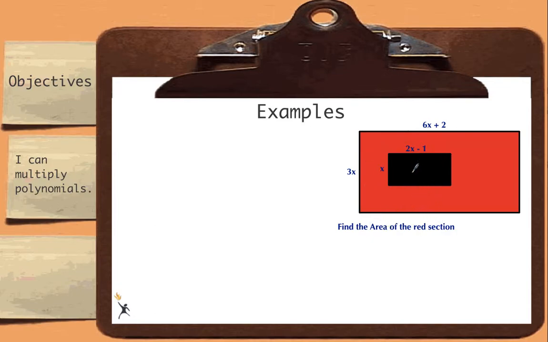I don't want this inner black section here. All I want to find out is red. To do that, we're going to come back to our formulas. The red section is the entire thing minus the black section inside. To figure out the area of each one, you go back to the formula.